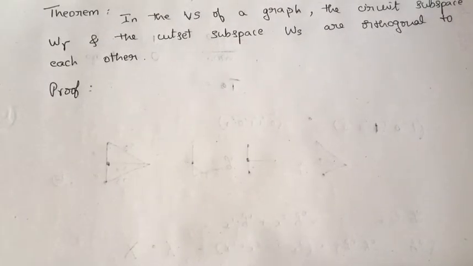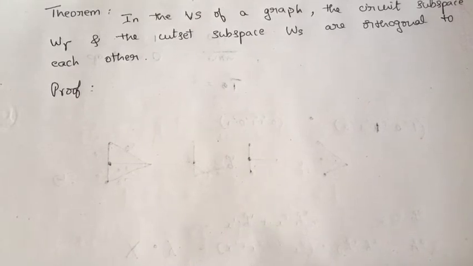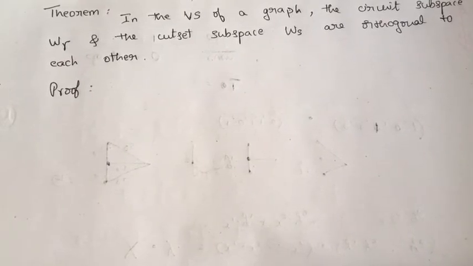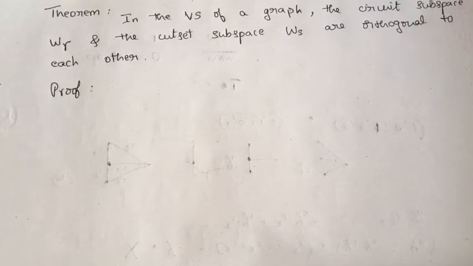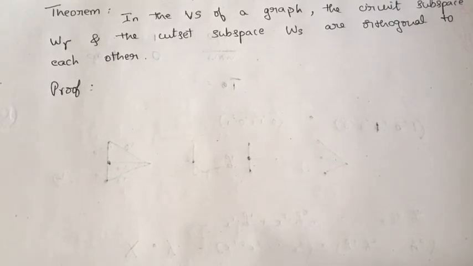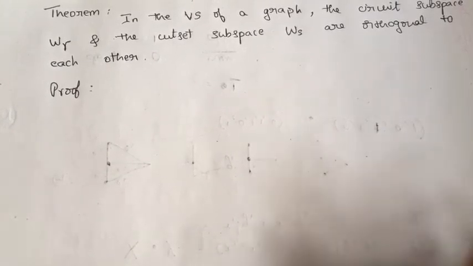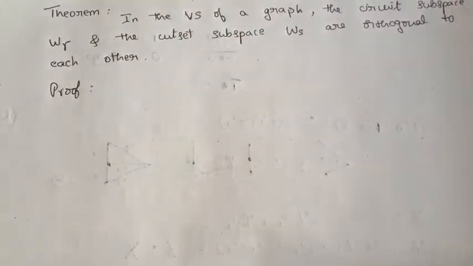So we say two subspaces are orthogonal to each other if every vector in one is orthogonal to every vector in another. Now, in fact, the circuit subspace and the cut set subspace are orthogonal to each other. So let us prove that.